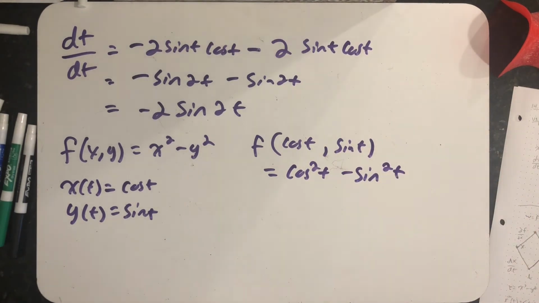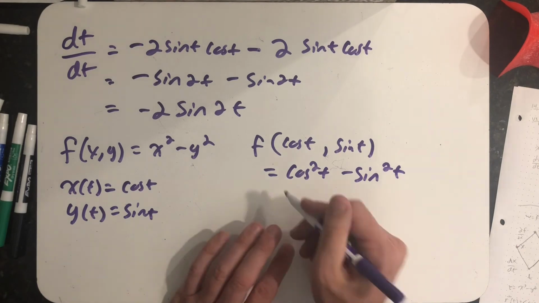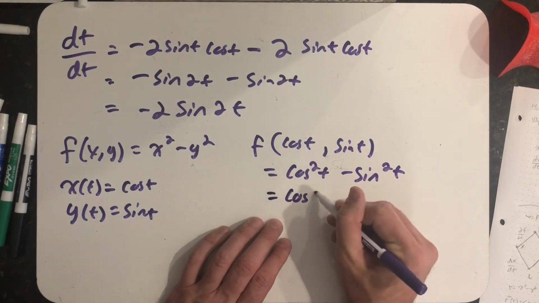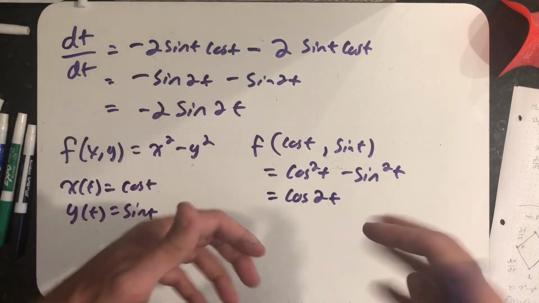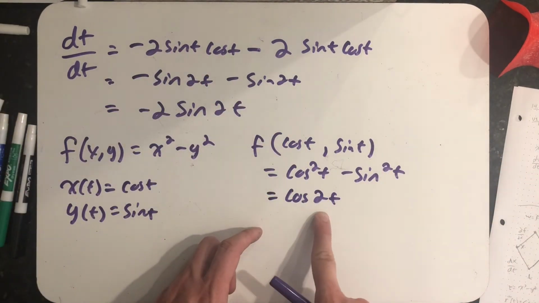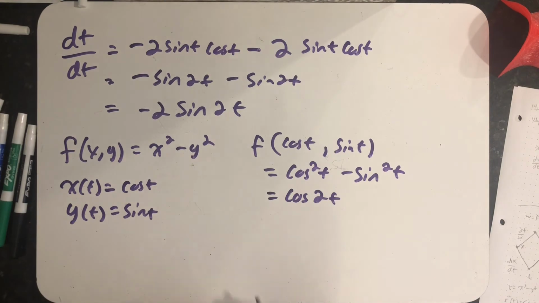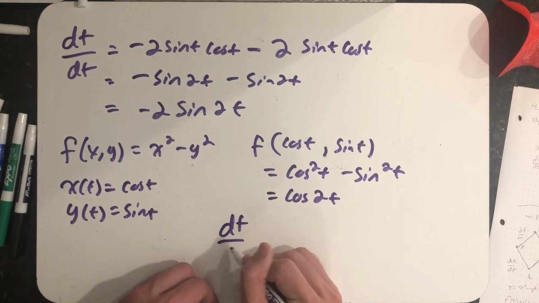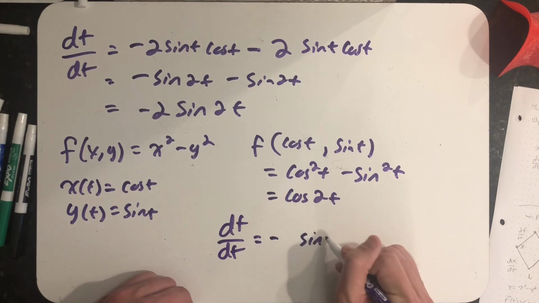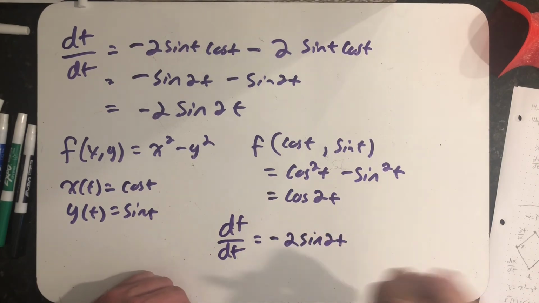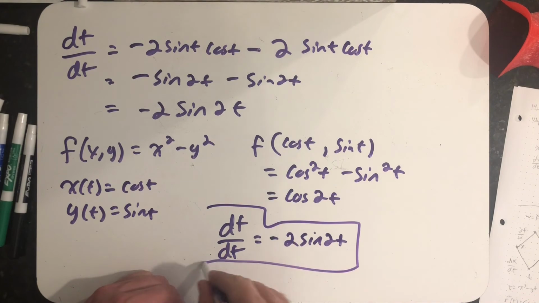Cosine squared t minus sine squared t, that's a double angle formula for cosine. So here I have now really a function just on the variable t, f of t is equal to cosine of 2t. And so if I just take the derivative, I'll get df/dt. Well, that's minus sine of 2t and then times 2 because of the chain rule from Calc 1.